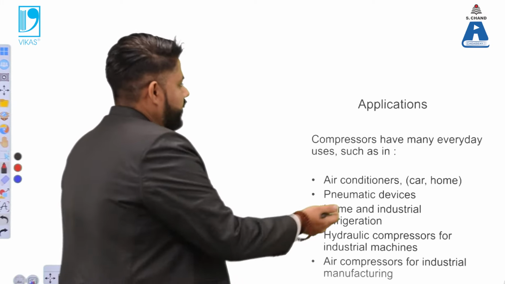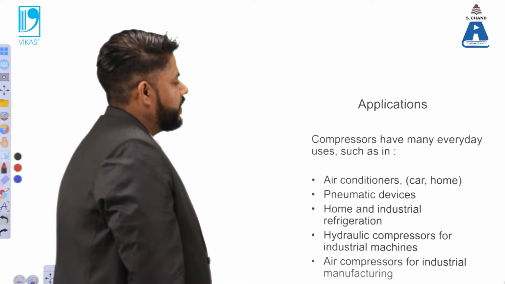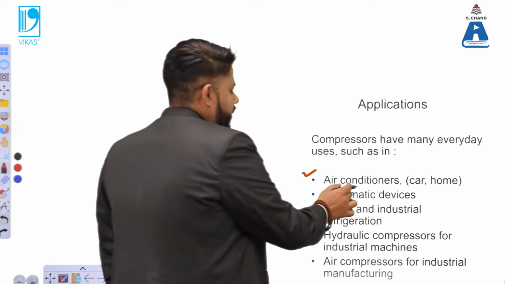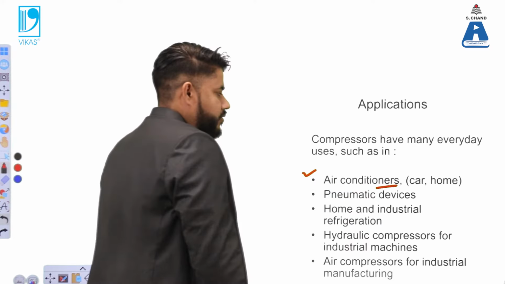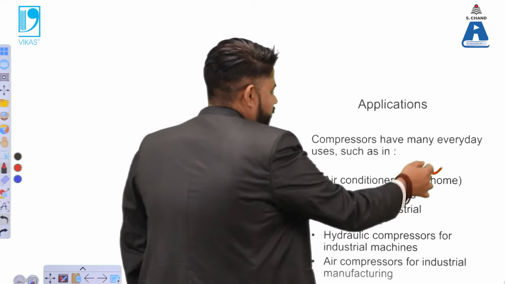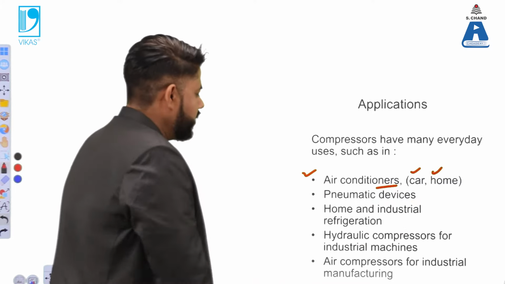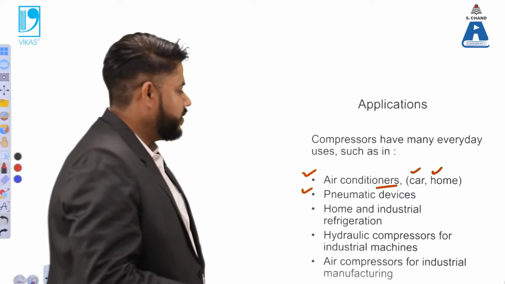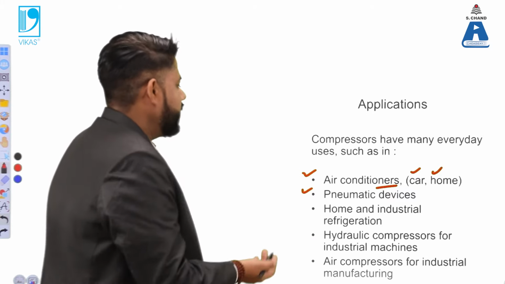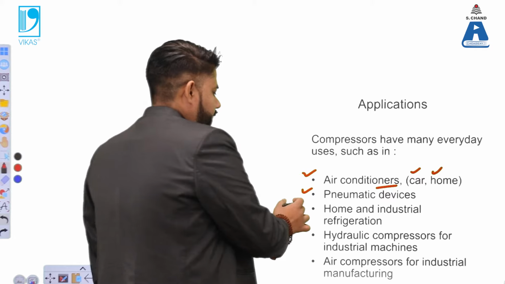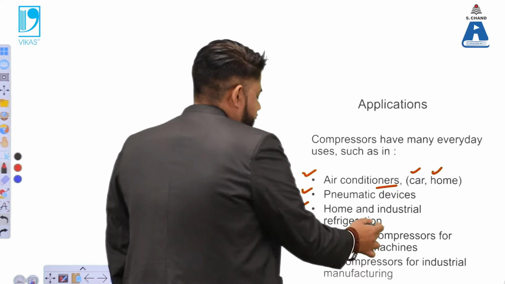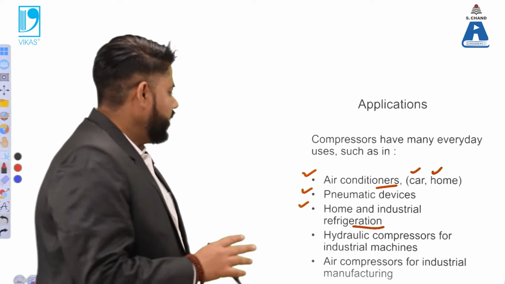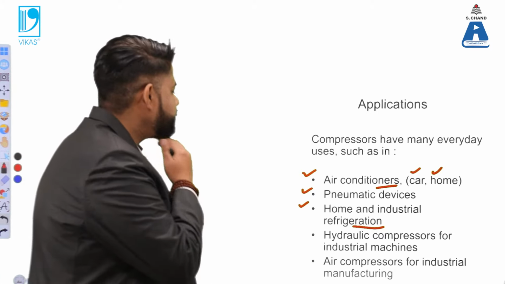Now there are certain application areas in which compressors are used nowadays. The first one is air conditioners. Compressors are majorly used, be it the home air conditioner or the car air conditioner. There are pneumatic devices in which compressed air is required, and in refrigerators also, be it domestic or industrial, compressors are used.